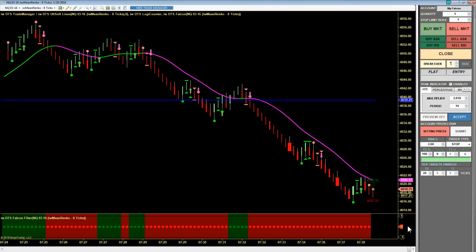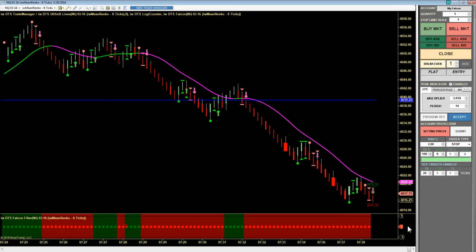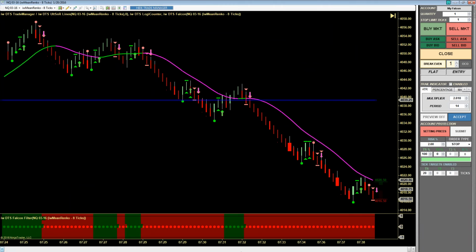I know that the bottom of this bar will be 40.16.5. So I know because the logic counter is 40.16.5 that the hash mark will print one tick below the low. So I can actually anticipate that, and I can set my entry order where I know the hash mark will print.